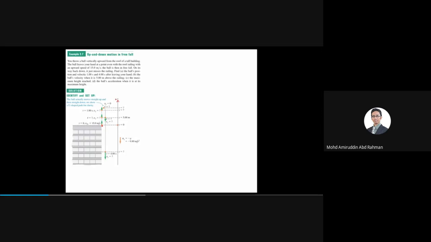Now we want to calculate in part A the position and velocity of the ball at two different times, at t equals 1 second and t equals 4 seconds. Before we do that, let's look at plots of the position and velocity of the ball as a function of time. So here's the position, and notice the ball, of course, goes up to a maximum position, and then it starts to head down.